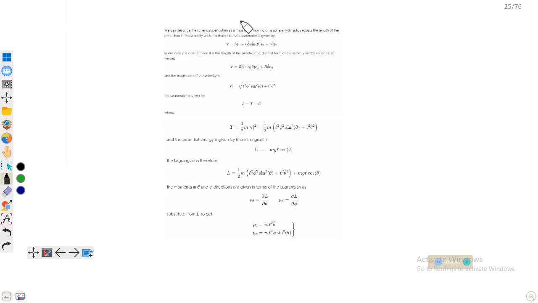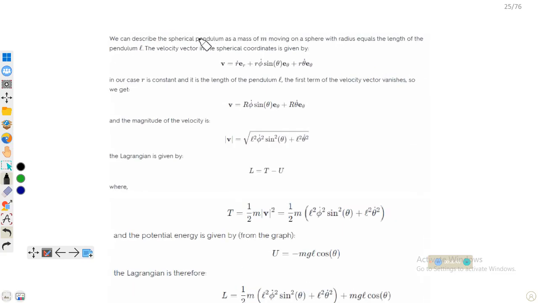The very first thing that we will require: we can describe the spherical pendulum as a mass m moving on a sphere with radius equal to the length of the pendulum. The velocity vector in spherical coordinates can be written as v equals r dot e_r plus r phi dot sin theta e_phi plus r theta dot e_theta.